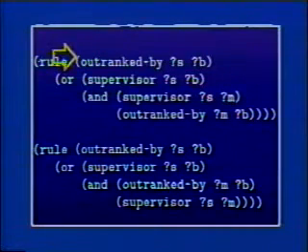We'll say S is outranked by B if either the supervisor of S is B, or there's some middle manager here that the supervisor of S is M, and M is outranked by B. Right, so there's one way to define the rule outranked by.